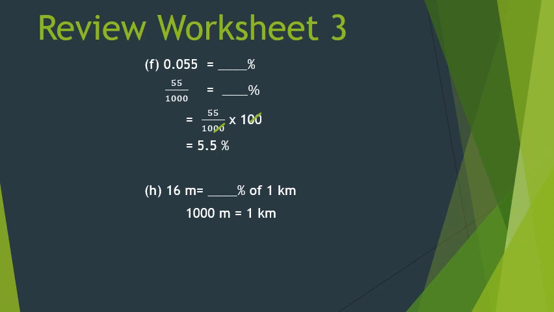So 16 meter is equal to 16 upon 1000, and since we have to write percentage of 1 kilometer, we will multiply it by 100, and now we can cancel the common 0s in 100 and in 1000. So what is left? 16 upon 10, which is equal to 1.6%. So 16 meter is equal to 1.6% of 1 kilometer.